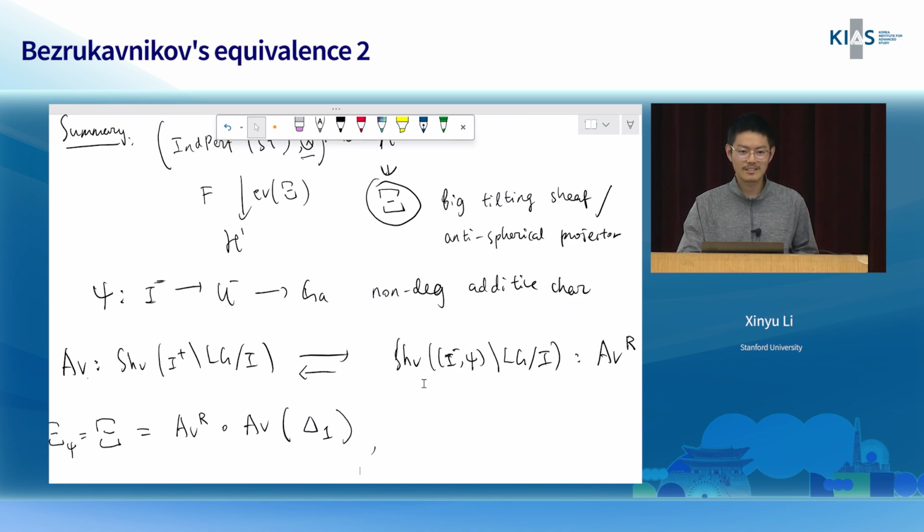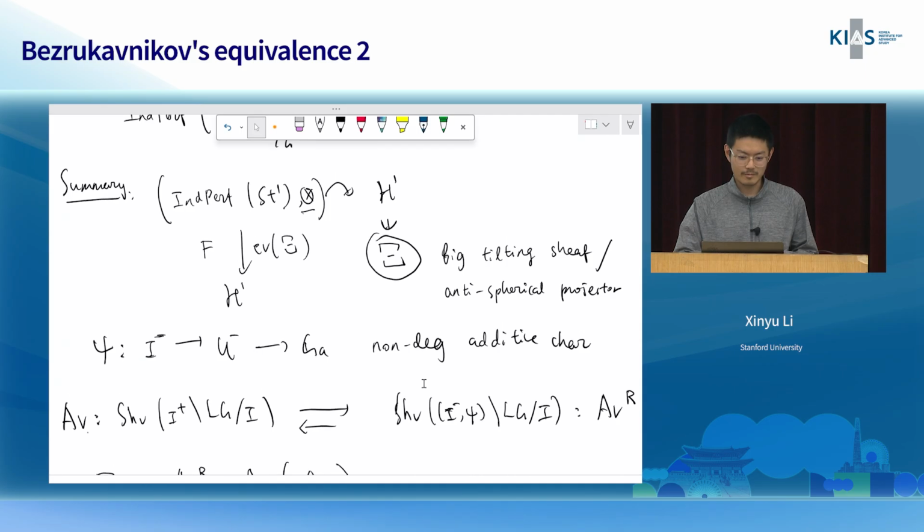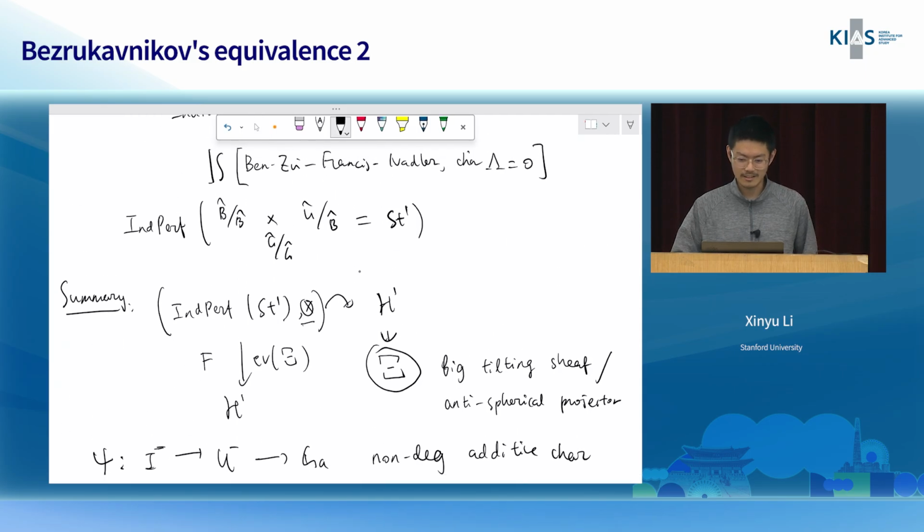Any other question? You say evaluate on psi, you really mean act on psi, right? Yeah. More precisely, I have constructed a monoidal functor to this category of endomorphisms of H prime. Then I can evaluate at this object.